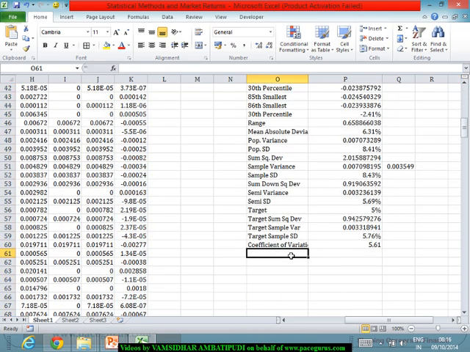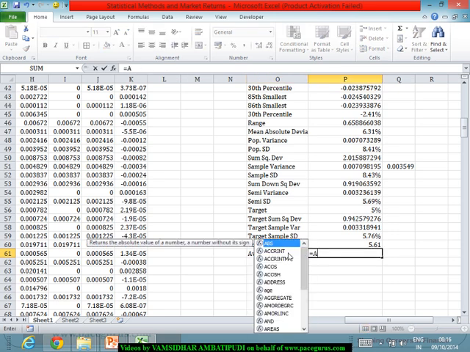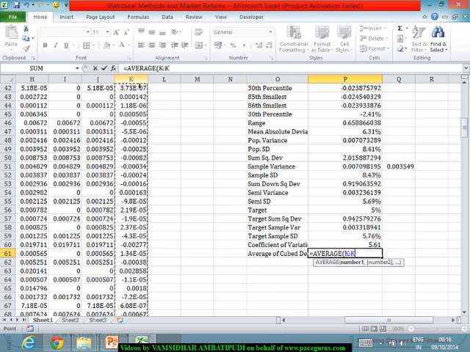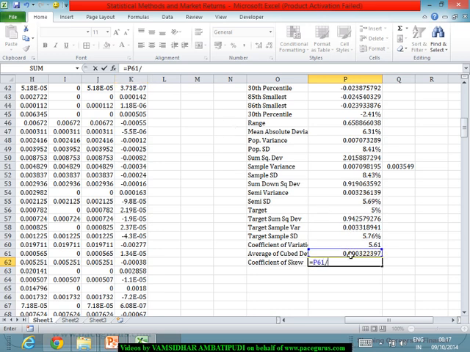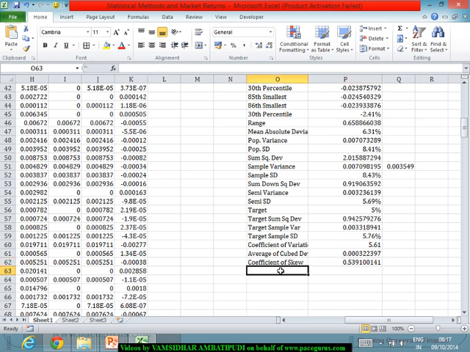Because n is very large, the average of the cubed deviations comes out to something like this. To find the coefficient of skewness, I divide the average of the cubed deviations from the mean by the cube of the standard deviation. This gives me a coefficient of skewness of around 0.53.